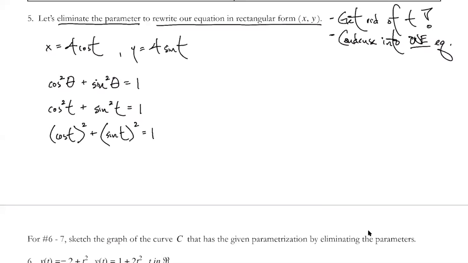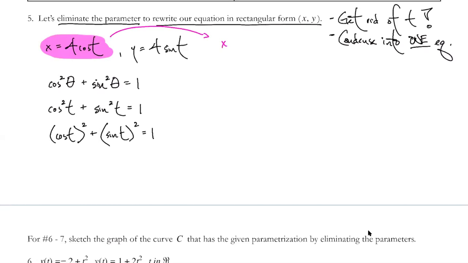Now, why would I use this identity and why would I rewrite it like that? Because we've talked about how nobody ever writes the cosine squared like cosine t with the squared on the outside, okay? Well, here's why. Let's take a look at our x equation, and let's take a look at it over to the right.